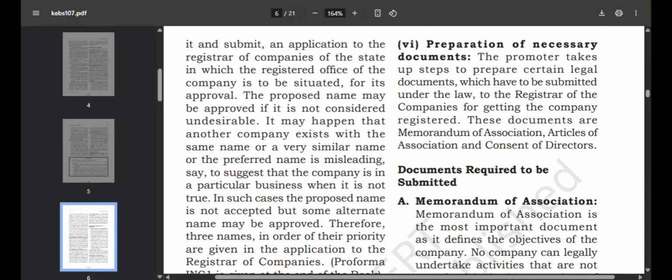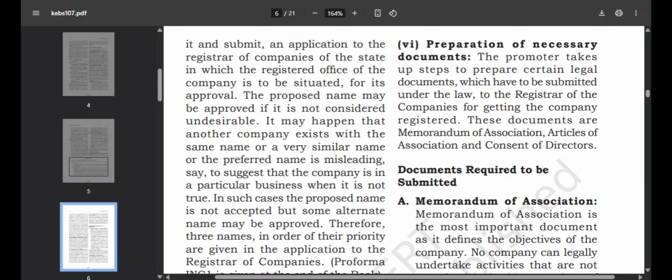The first one will be what the promoter thinks should be the name of the company. Then he gives the second name in case the first name gets rejected, and then the third option. The names are given in order of priority to the registrar of the companies.